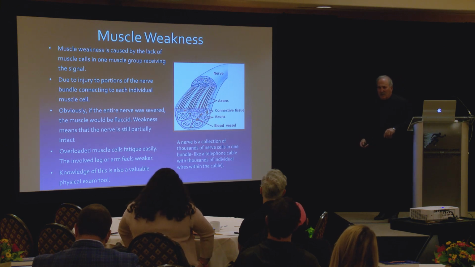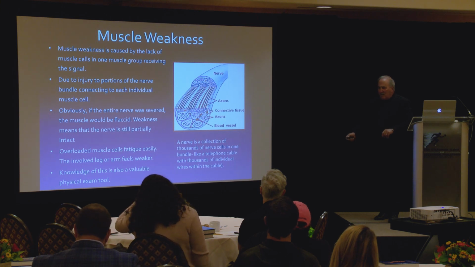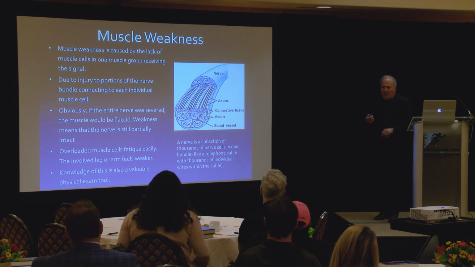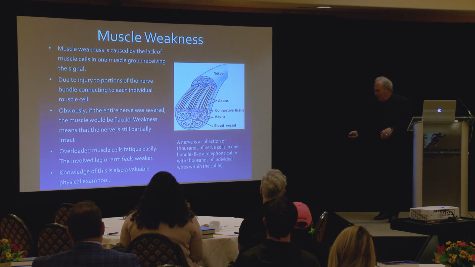Muscle weakness. So muscle weakness is caused by the lack of the muscle cells in one muscle group receiving a signal. So if you've got a weak biceps, or you've got a weak gastroc soleus, or you've got a weak tibialis anterior and foot drop, but it's still functioning, the nerve is still in continuity, but not all of the nerve fibers are transmitting. So a nerve is like a big transatlantic cable.